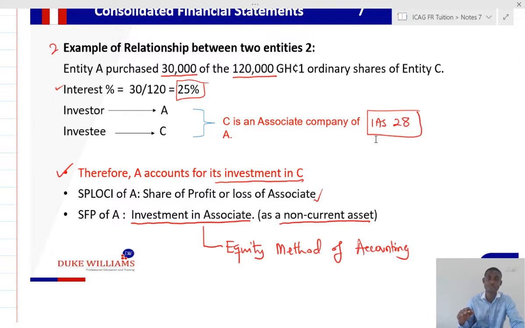That is the basic way to find the investment in associate, and we will build on this as we take more examples.